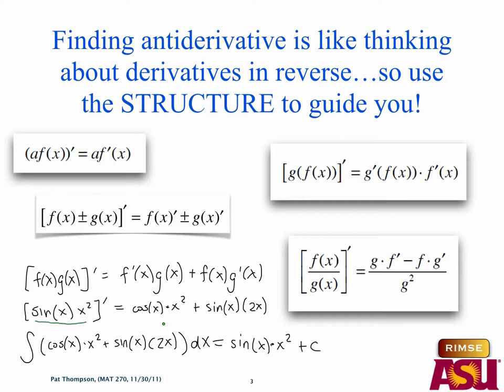I took its derivative, right? And I got this thing over here. And then I said, well, if I take a function and find its derivative, then I could reverse the process and find the antiderivative of this thing, right?